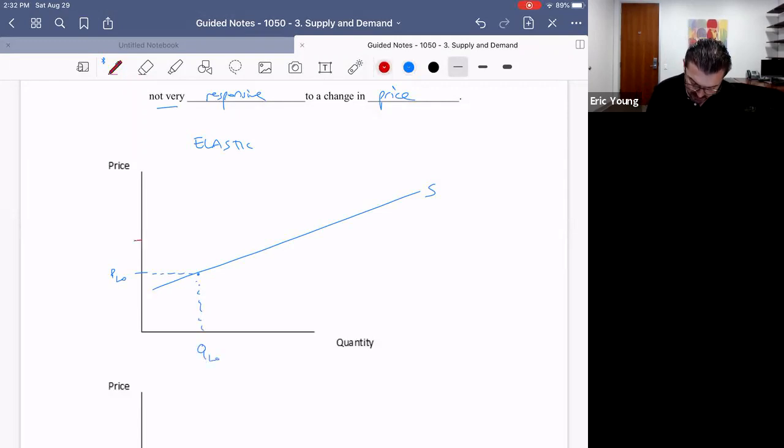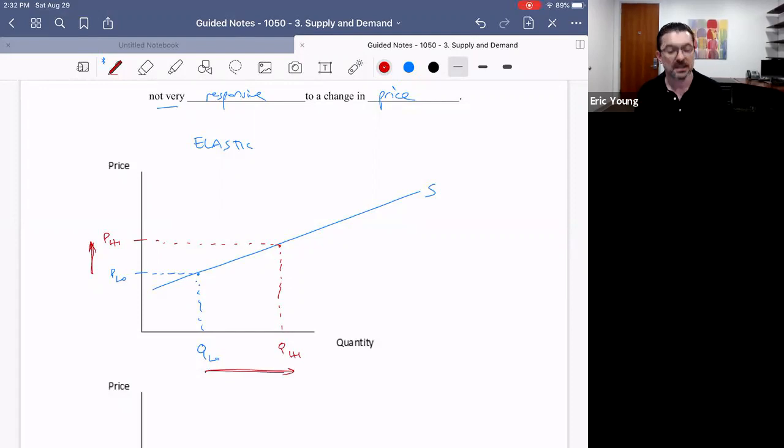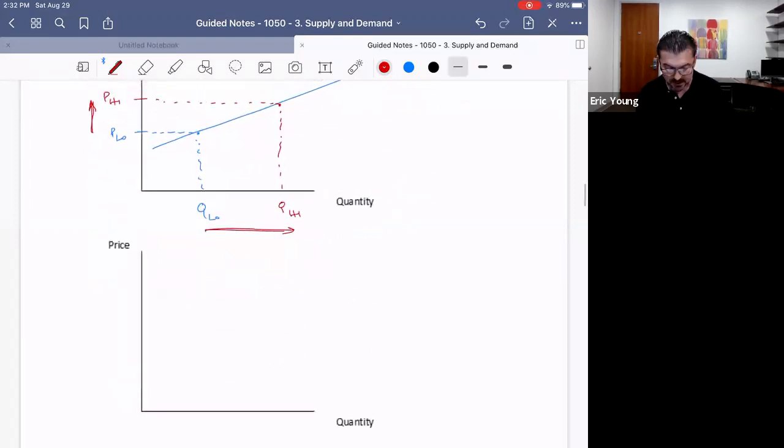Let's say that there's a relatively small increase in price from price low to price high. It's just right there, pretty small. We take this line across, and we can see that a relatively small change here yields a big change here. That's elastic supply, price responsive.